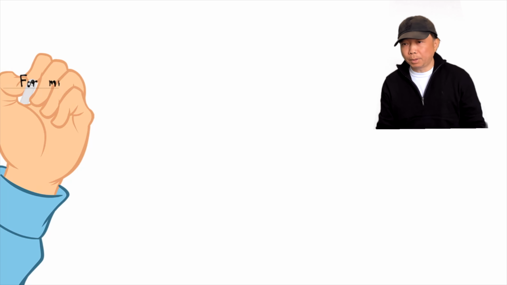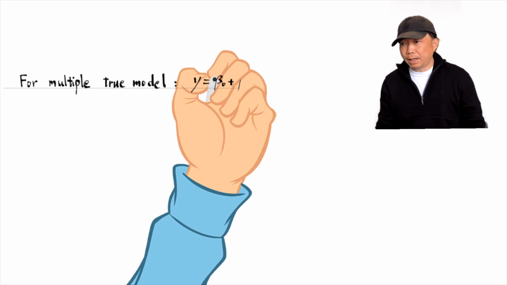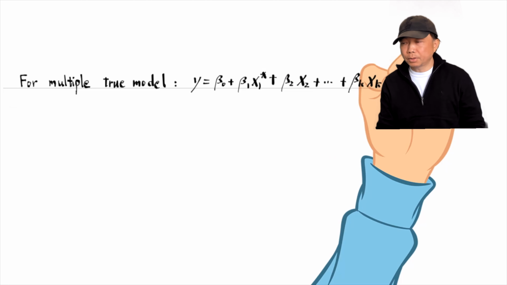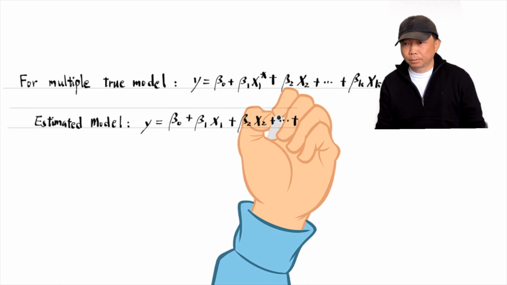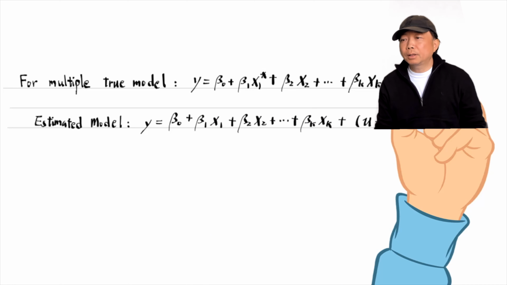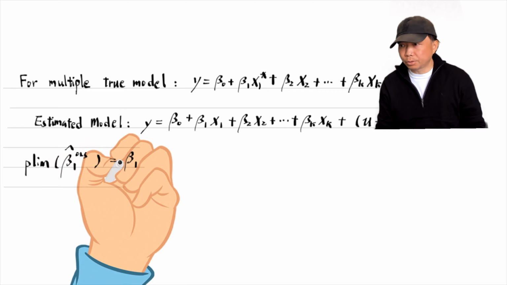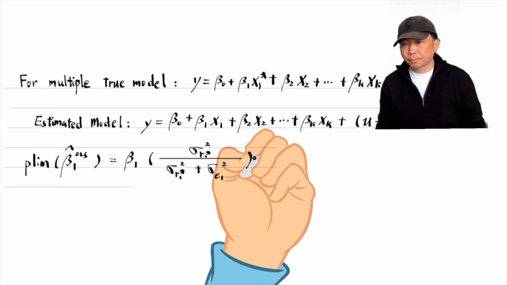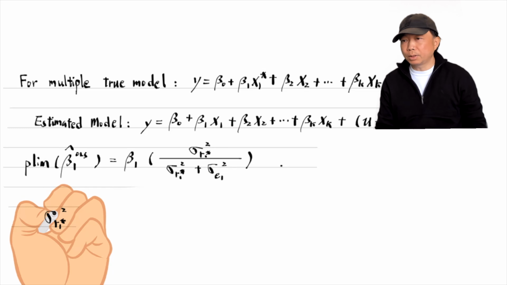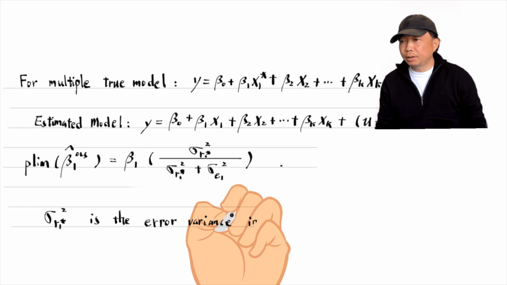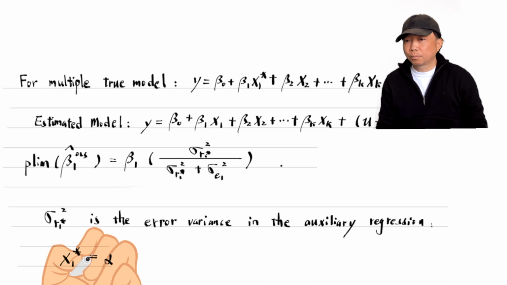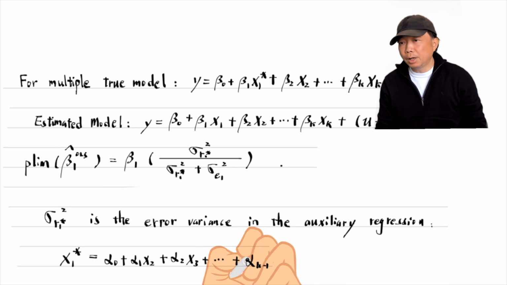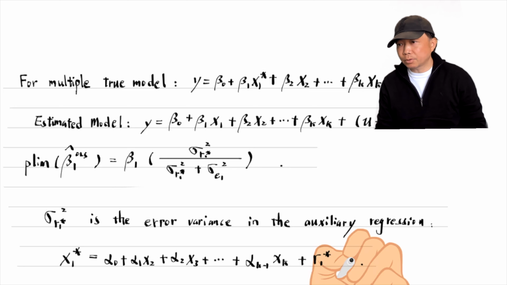In a multiple regression model, the measurement error in an explanatory variable causes the attenuation bias for that variable. The inconsistency formula is parallel to that for a simple regression model. The variance of x1 star is replaced with the error variance in the auxiliary regression. We use the auxiliary regression to parcel out the effects of other explanatory variables.